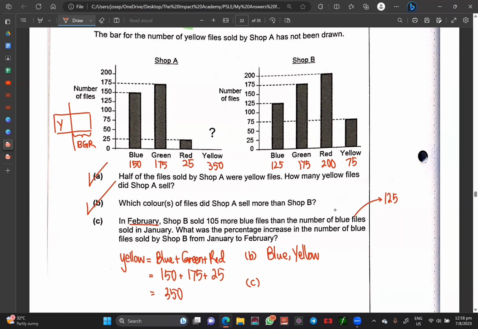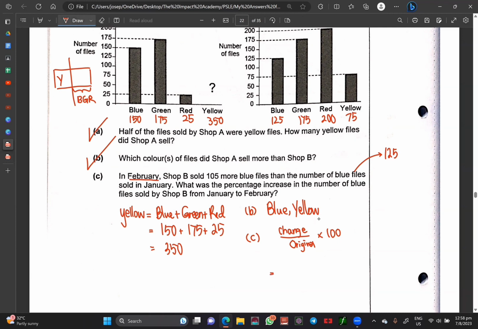Now, they want us to find the percentage increase. So whenever it's percentage increase, we always have to use the formula change over original times 100. Why is it times 100? Because of the word percentage, okay? So what is the change? We know that the change is 105. Okay, why is it 105? Because over here it says 105 more. It doesn't mean that shop B sold 105 in February.